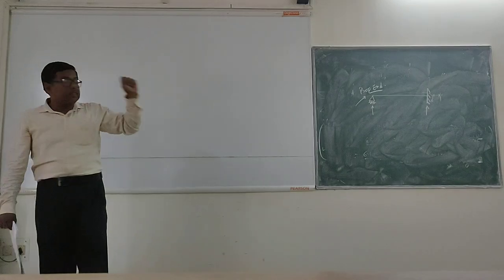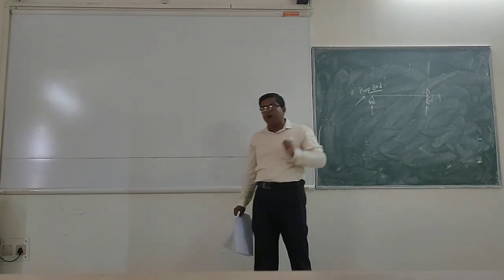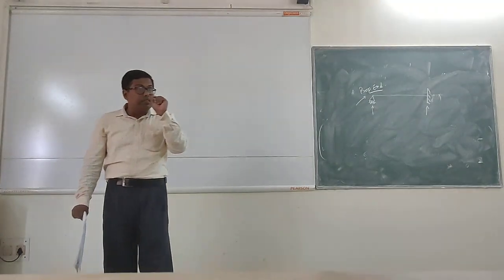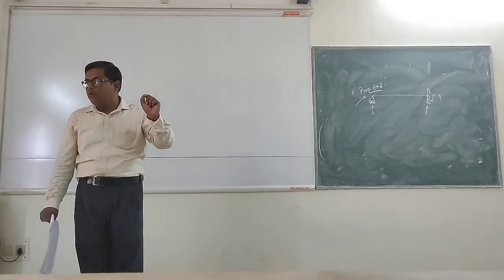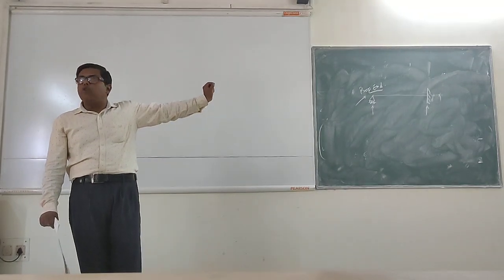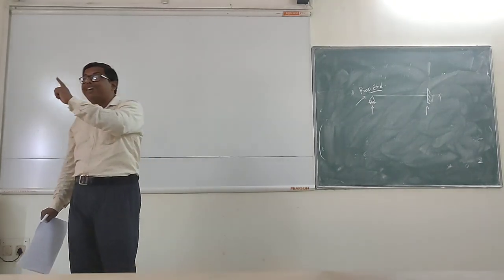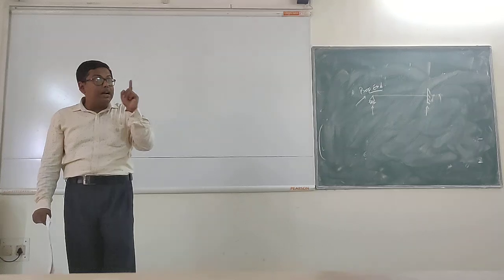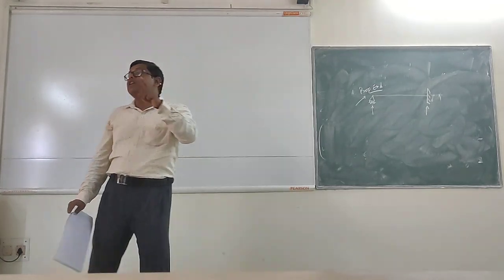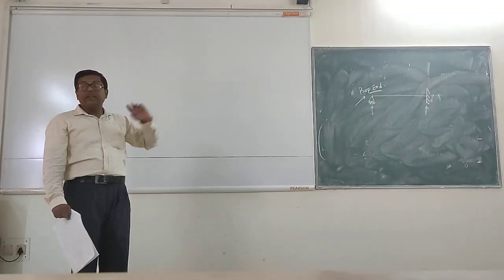In this case of compatibility, what will happen at the prop end? From the deflection point of view, at the prop end, as there is a roller support, or let's say a pin support, there will be a reaction coming upward and there cannot be any deflection over here. So that is another condition which will be treated as a compatibility condition, and that can be used to find the reaction at the prop.